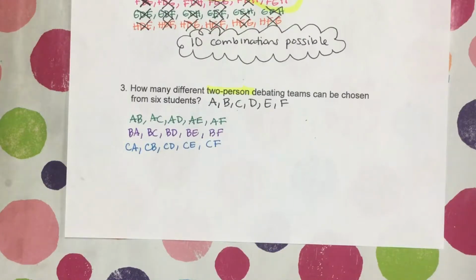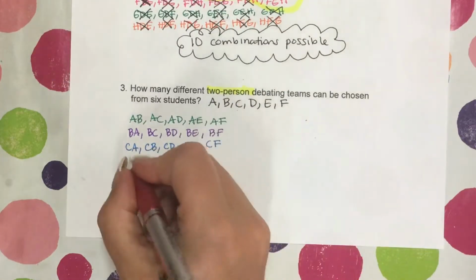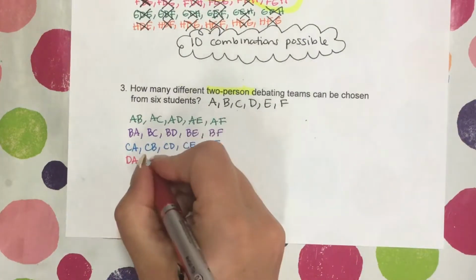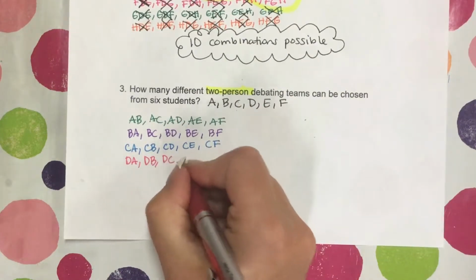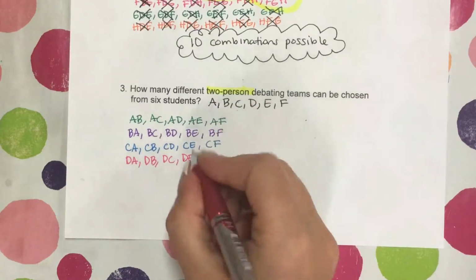How about let's start with D. All the 2-person debating teams that D is a part of. D can go with A. D can go with B. D can go with C. D can go with E. And D can go with F.